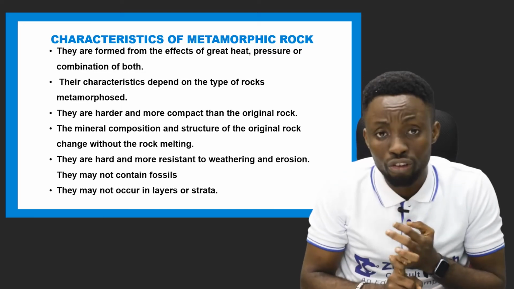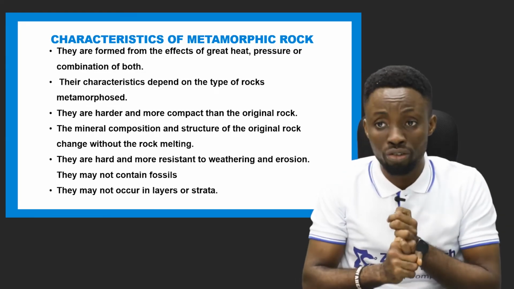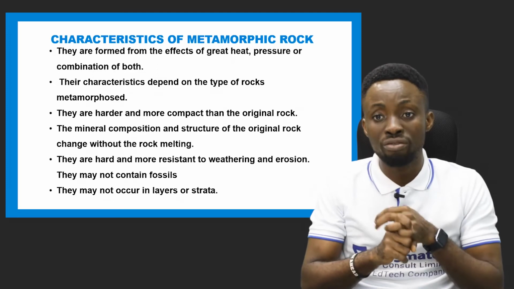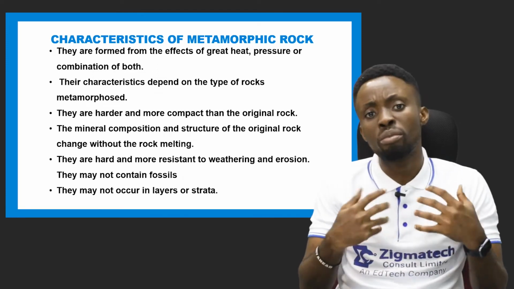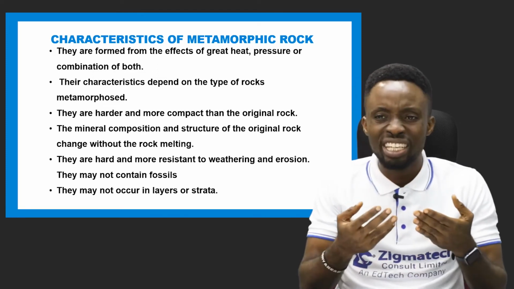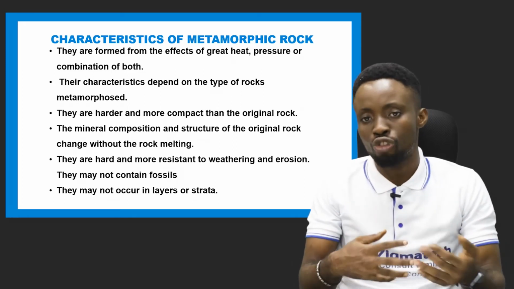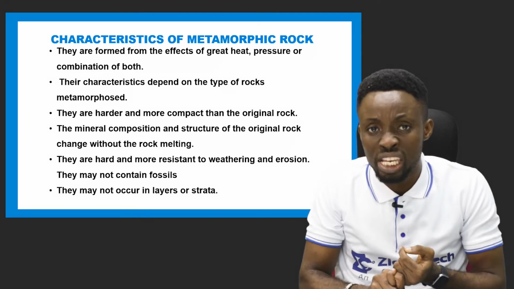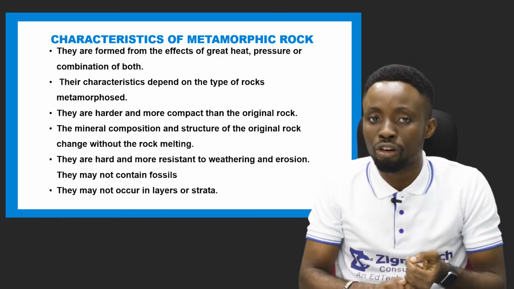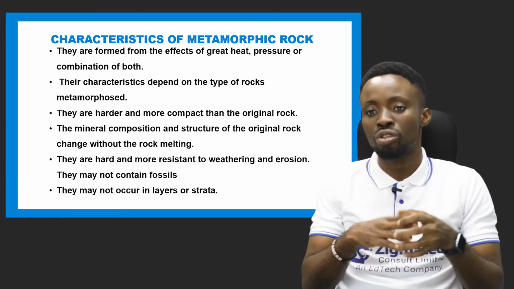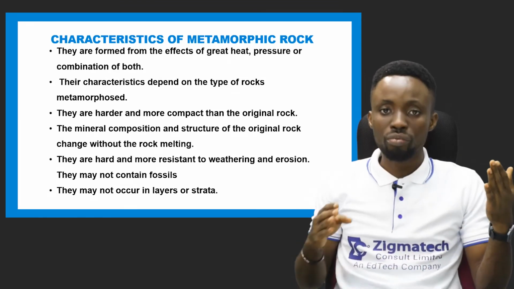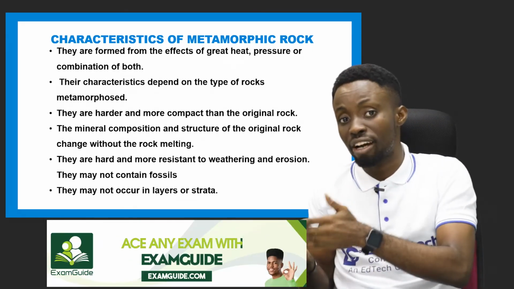So metamorphic rocks are actually resistant to erosion and weathering, and they are very hard. And some of them may not contain fossils, especially if they are formed from igneous rocks, and they may not occur in layers if they are formed from igneous rocks, or they occur in layers if they are formed from sedimentary rocks.